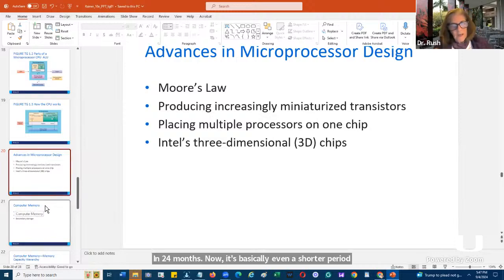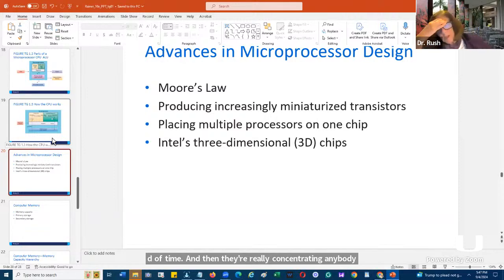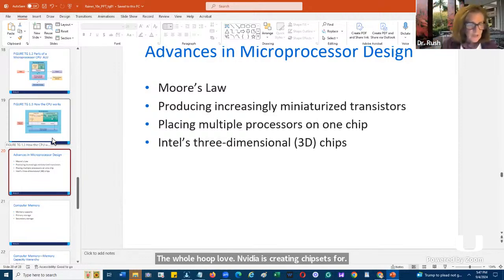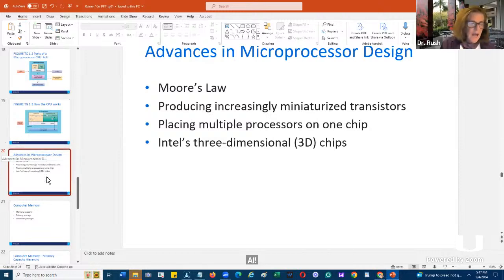And then they are really concentrating. Anybody hear of NVIDIA that has gone up so high in the stock market lately? It's gone down so much. The whole hoopla of NVIDIA is they're creating chipsets for AI. And that's what the world was getting so excited about, that the world's going to be in AI. So we get it to be exciting there.